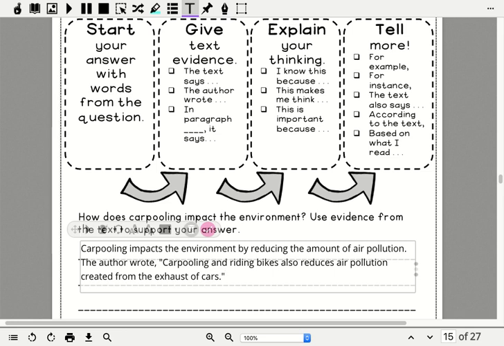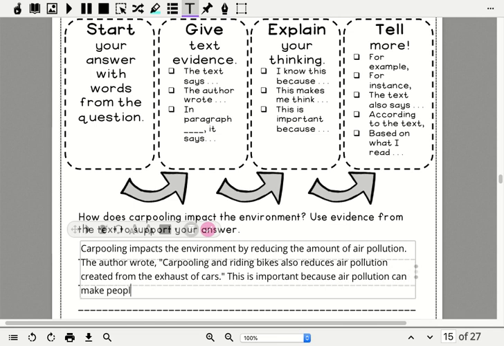Okay, now remember I need to explain it. Okay, this is important because air pollution can make people sick.